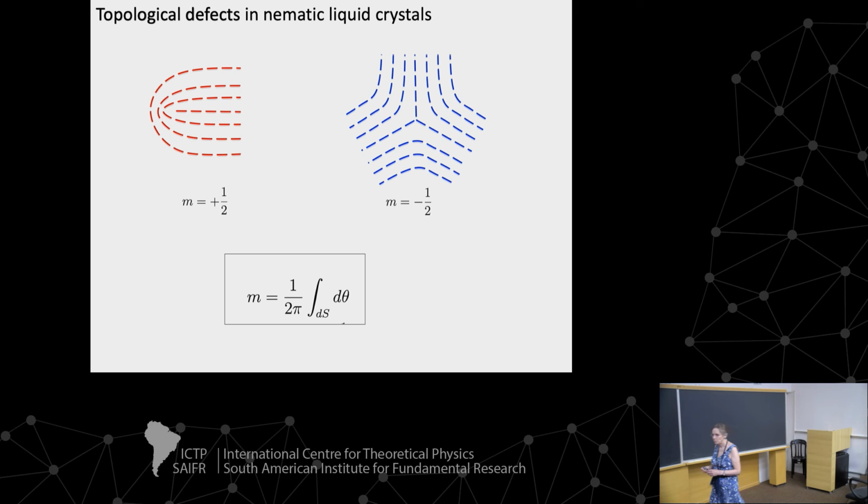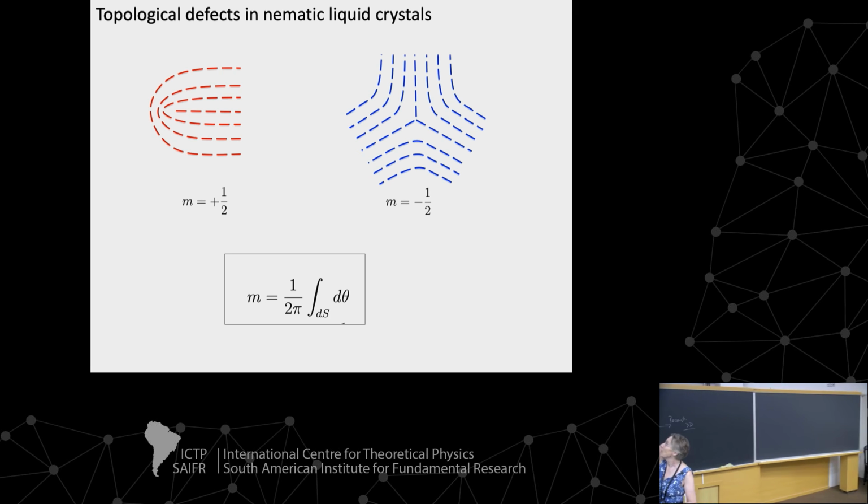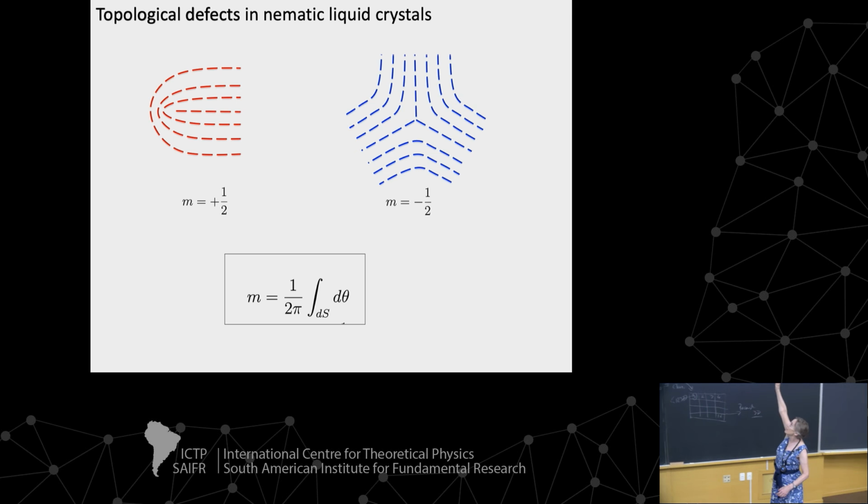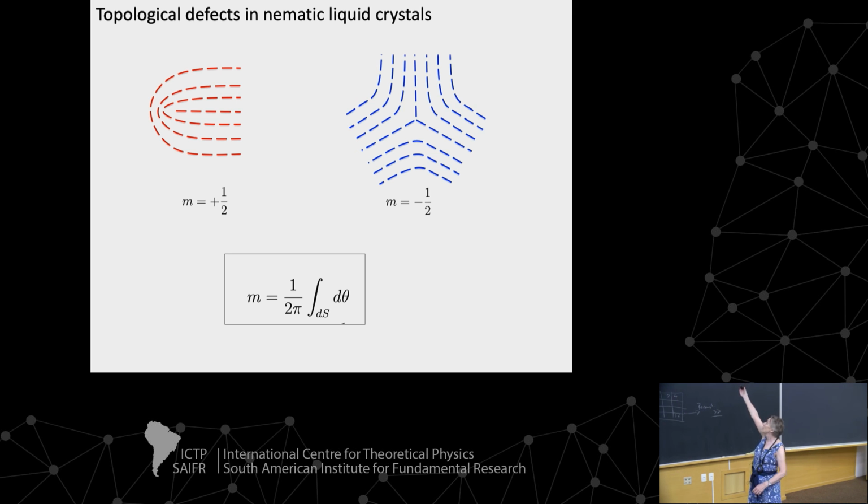You can see this perhaps best by, if it's a plus a half one and you follow it around, look which way round my pointer's going. If you follow around the direction of that defect, it goes round like that. If I follow the direction of the director field, this one here, it goes round in the opposite direction.